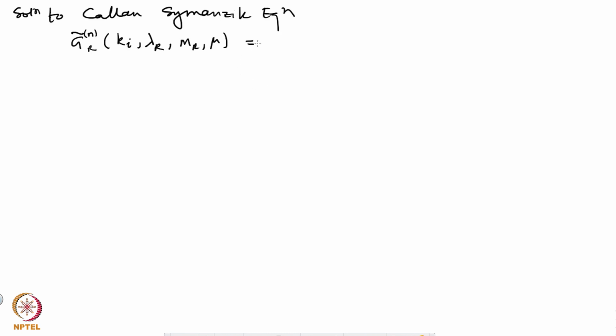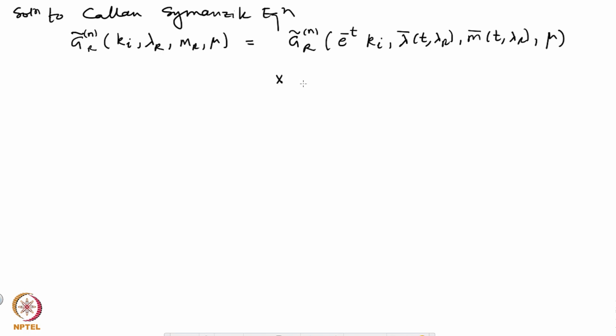So this is G tilde N e to the minus t ki lambda bar of t lambda r m bar of t lambda r mu times e to this integral.